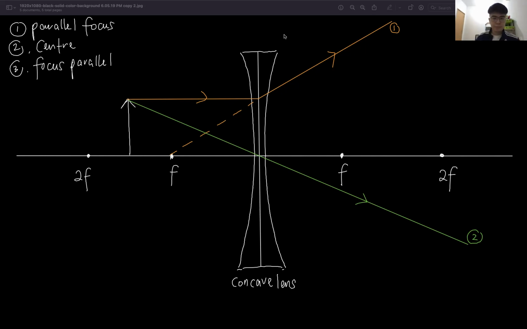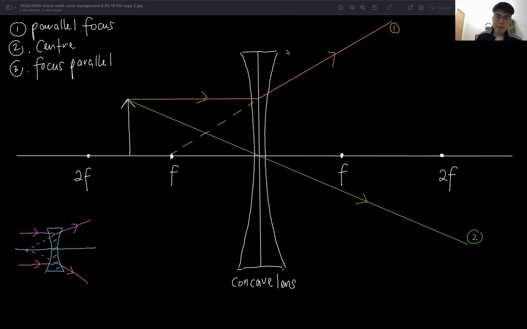If you remember, from the two diagrams earlier, this is the concave. One is I have parallel and then diverge. Correct? And then they are from this point.